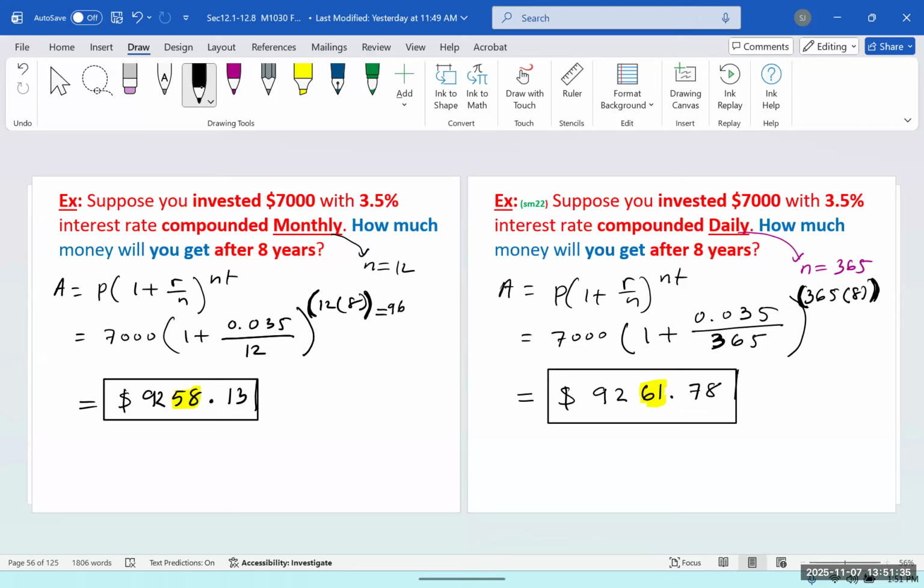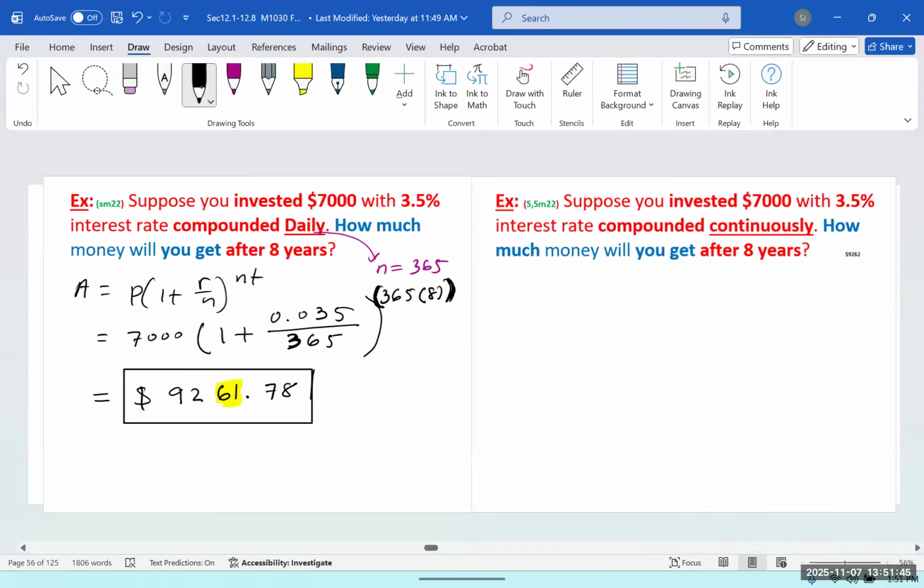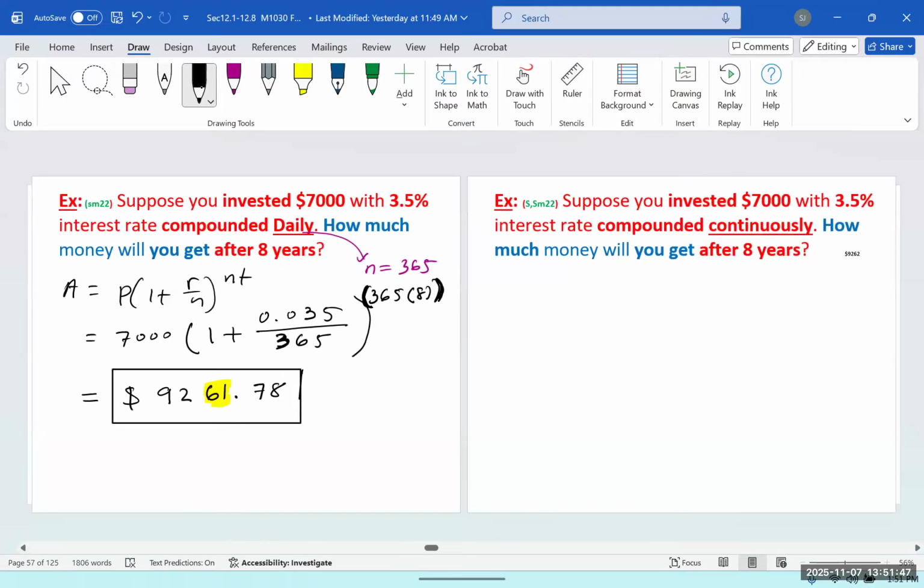You know, by nature, humans are greedy, right? So you get more greedy. Like, oh, wow, I got more money when I do 365. So what if I compound continuously? You're compounding it every second, every moment. So 365 was the highest number in a year, but now you want to do it in every single moment, every single second. So we cannot have a number for that, right?